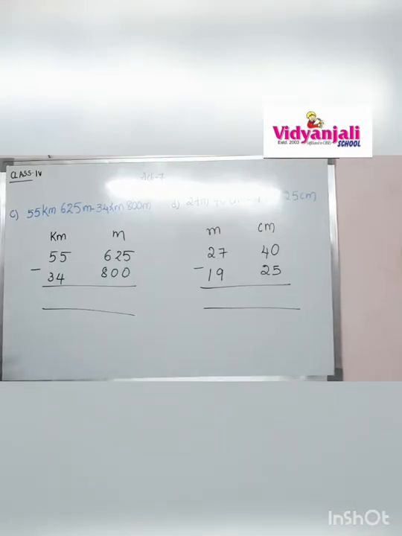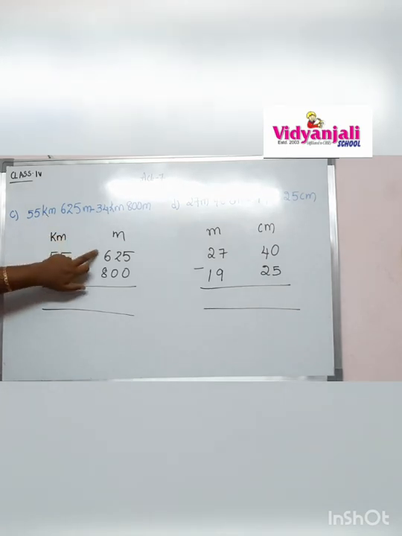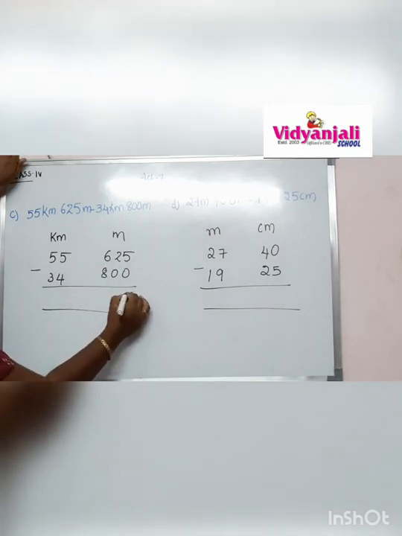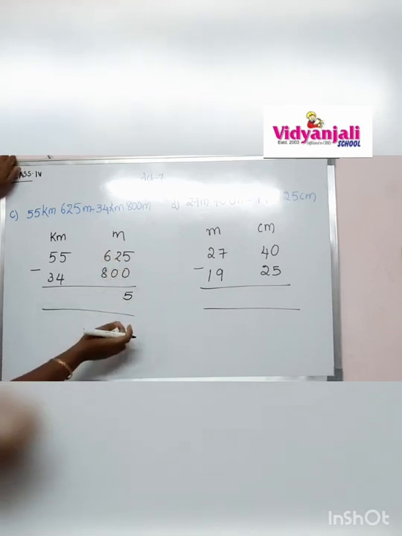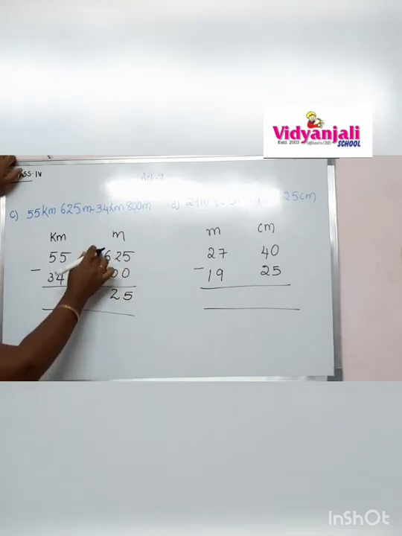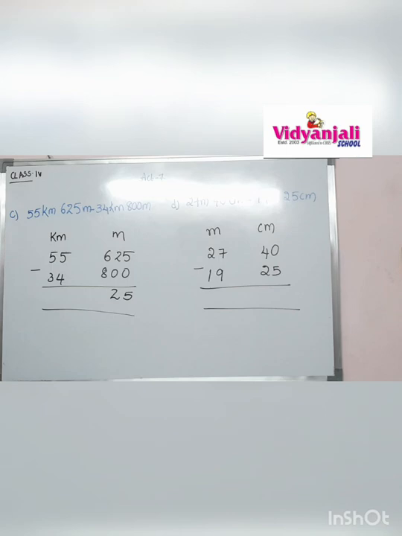So, here they have given the units in kilometers and meters. So, how many kilometers, children? 55 kilometers 625 meters, subtracted from 34 kilometers 800 meters. Okay. Now, you see that 5 minus 0 is how much? 5 itself. 2 minus 0, of course, 2. And 6 minus 8 is possible? No. What you have to do? You have to borrow.